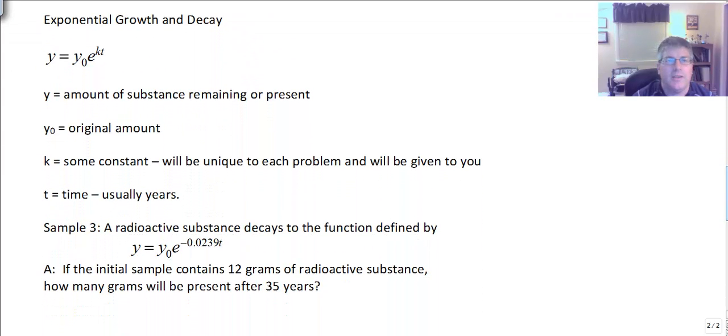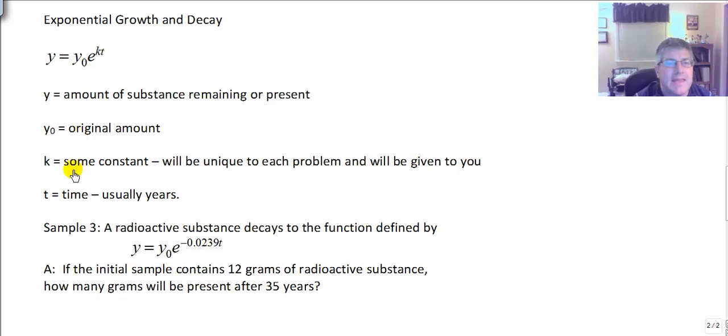We also see logarithmic equations in exponential growth and decay. Here we have the formula for exponential growth and decay. y equals y sub 0 times e to the kt. y sub 0 is our original amount. y is the ending amount, or the amount of substance remaining. e, okay, our number in honor of Euler, the 2.718 number.